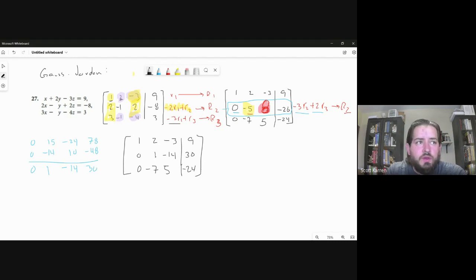Now that I've got this 1, I want to zero out the 2 and the negative 7. So the math at this point is going to be the same. It's just going to be with different numbers because of that little mix up there. But I'll take negative 2, row 2, and add it to row 1. And then I'll take positive 7, row 2, and add it to row 3.